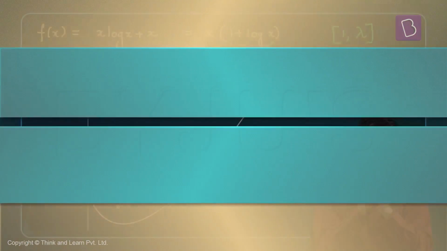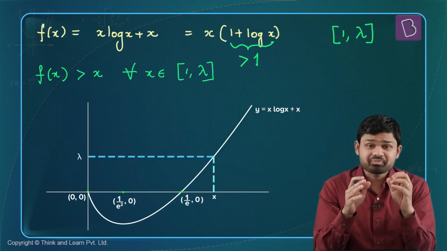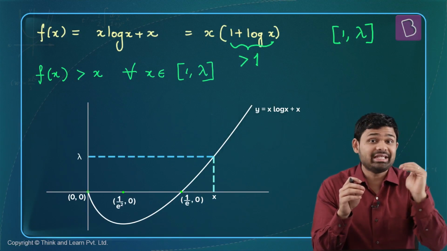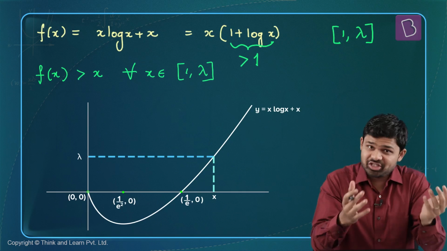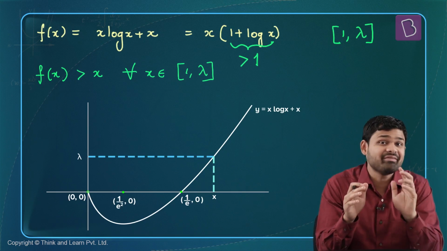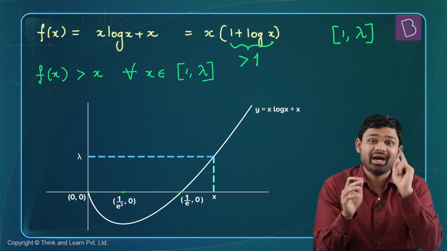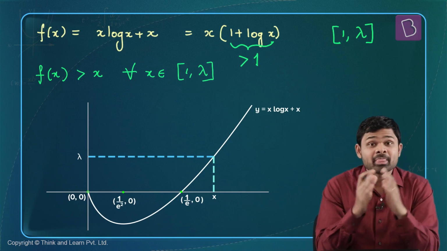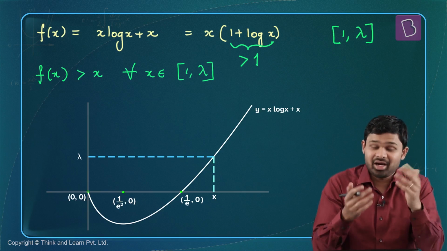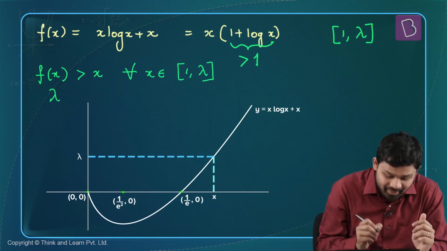Now look at the graph of the function. So when you put in any value of lambda which is greater than 1 or greater than 0 for that matter, any positive lambda, we see that the equation has exactly one root, correct? But now what do you see? We see that lambda grows because f of x is nothing but lambda.